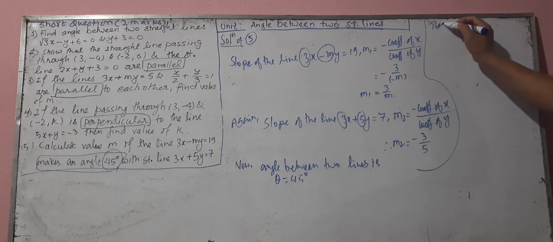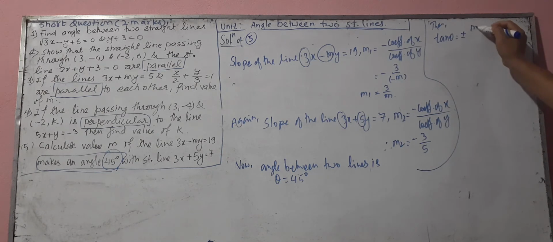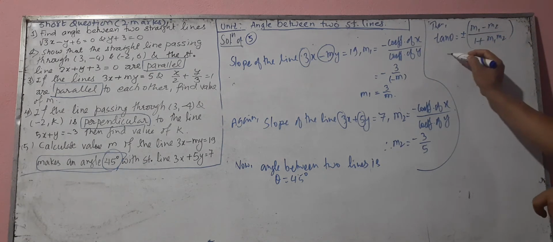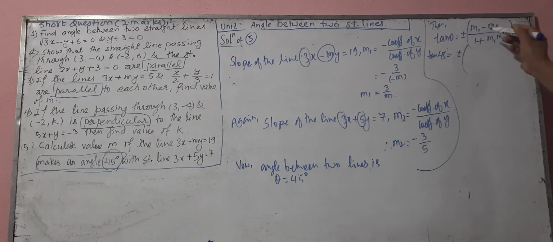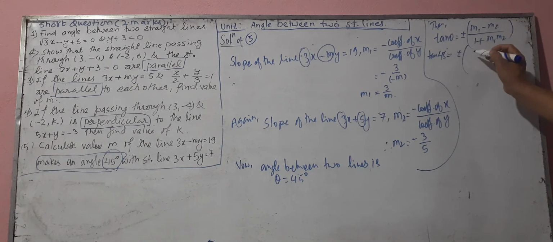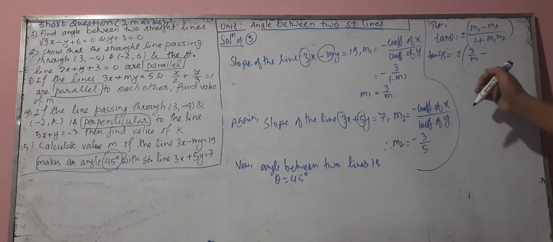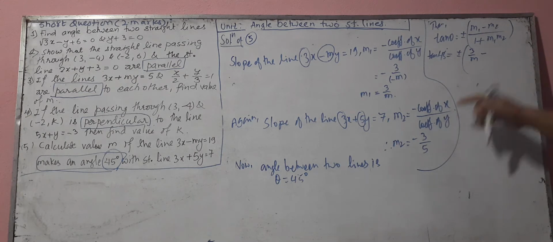Then tan theta equals plus minus m1 minus m2 by 1 plus m1 times m2. So theta is 45 degree, plus minus the value of m1, which is 3 by m, minus the value of m2, which is minus 3 by 5.